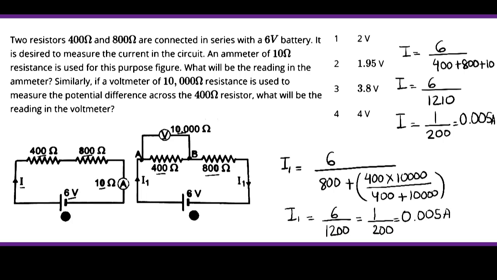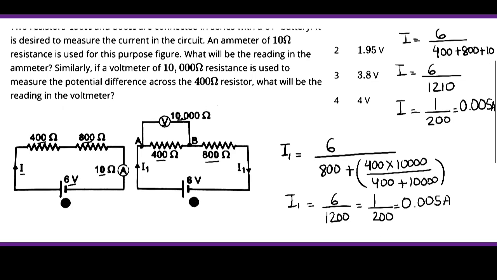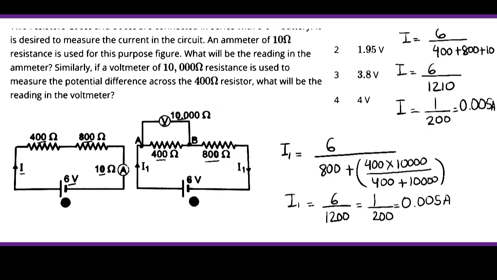But we are being asked to find the reading of the voltmeter. So the voltmeter reading here will be equal to the potential across the 400 ohm resistor, which will be given as I1 into 400, which is 1 upon 200 into 400, which comes equal to 2 volt.